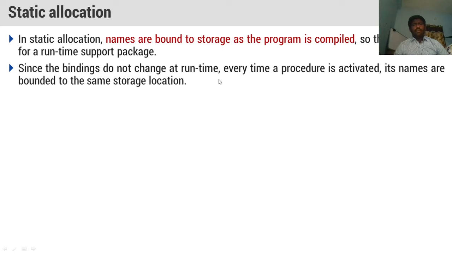Once we allocate the memory, once we give a value to the variable, that will be there, and bindings do not change at runtime. So here we need to understand two terms, compile time and runtime. When we compile the program, if the memory allocation takes place during compilation, that is static allocation. So that's why bindings do not change at runtime here.